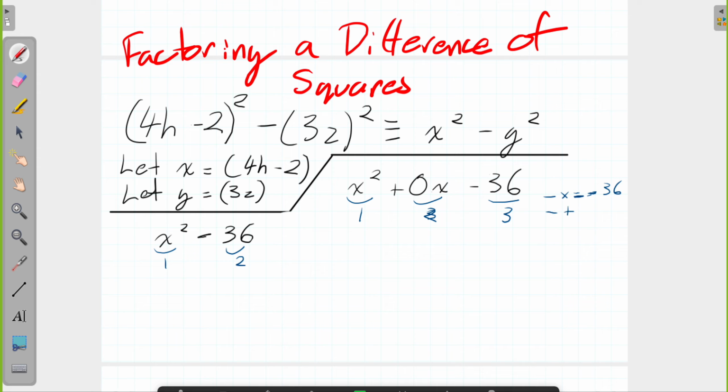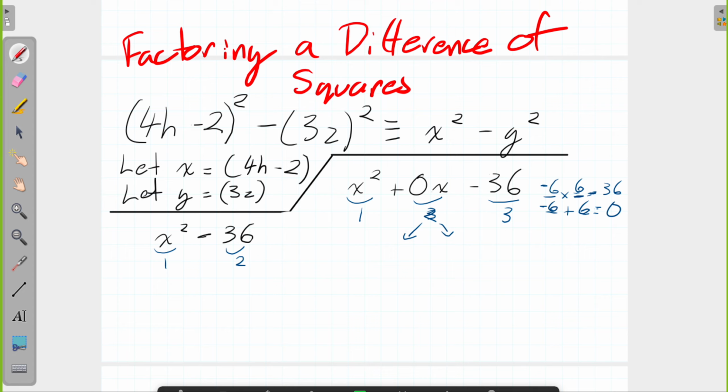Those same 2 numbers are going to add up to our b value, which happens to be 0. Now, what's neat about difference of squares is we can very quickly realize that if it's got to be 0, I have to have the same value added to itself, just one of them has to be negative. And that actually works out for the multiplication. Negative 6 times positive 6 gives us negative 36. So that works out great.